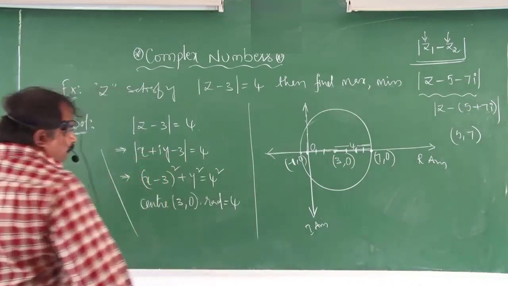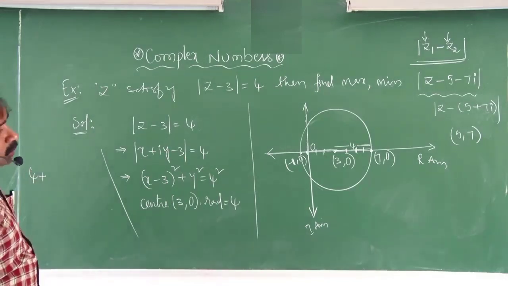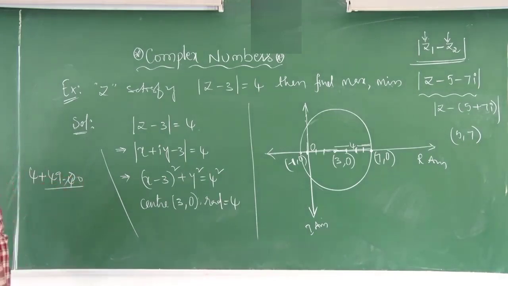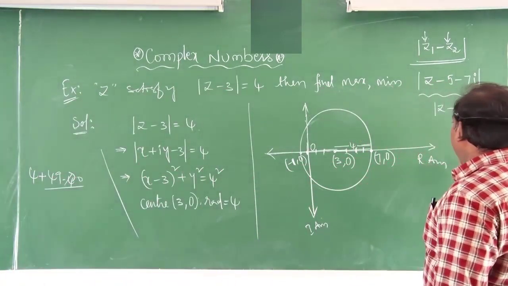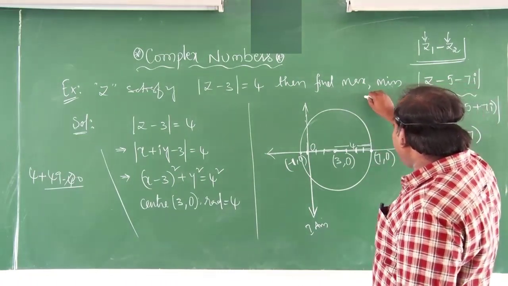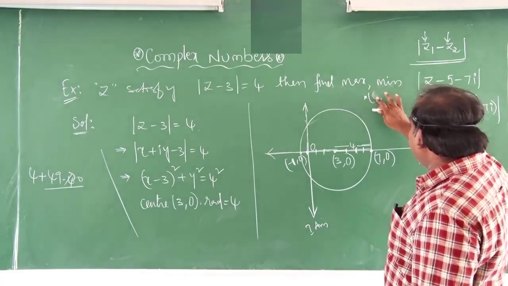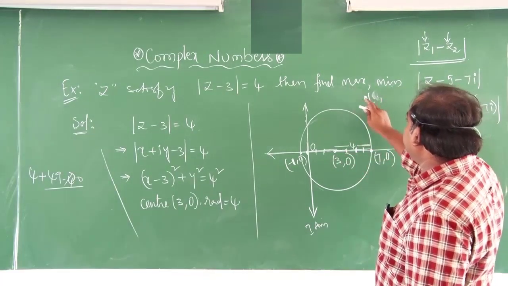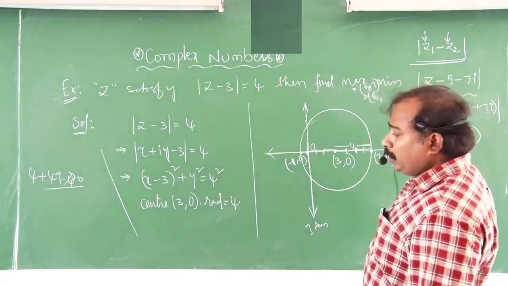Substituting 5, 7: 5 minus 3 is 2, so 4 plus y square, 49 minus 4, which is greater than 0. So the point lies outside the circle. Since 7 is the y component, somewhere here is the point 5, 7.